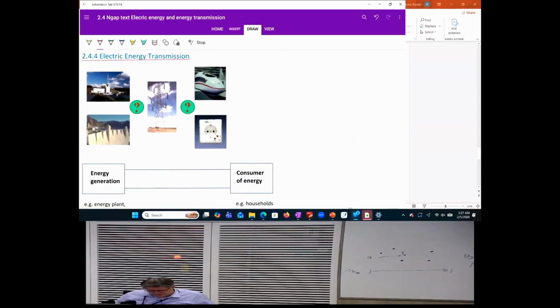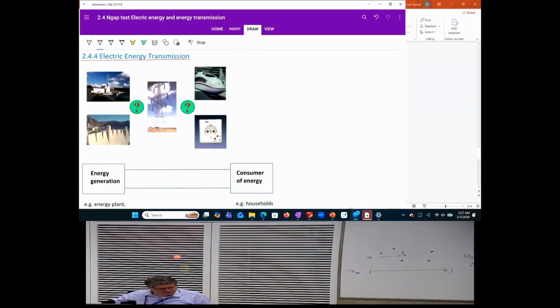Now I want to look at the efficiency of electric energy transmission. So you have on the one hand the generator where the energy is generated.